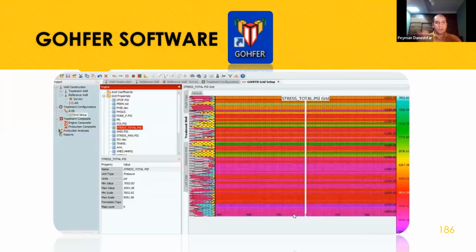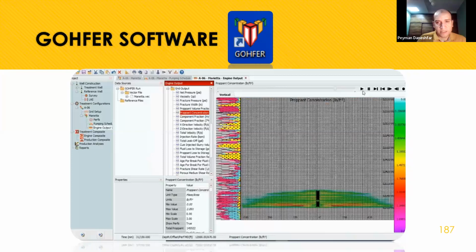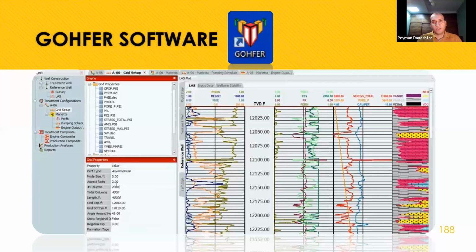Again, every stress has a specific color. Here you can see the result of proppant concentration with the depths and with the vertical stresses defined, and here the total stresses with the TVD.